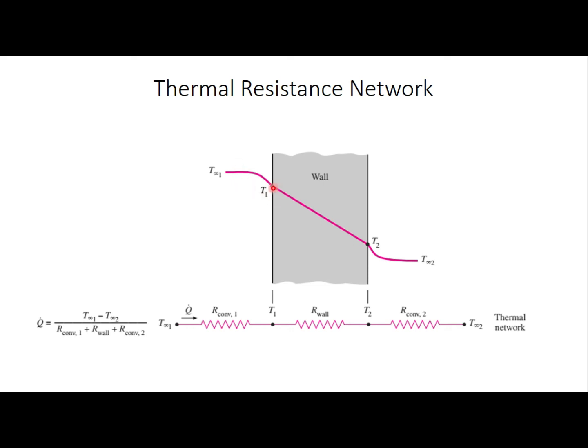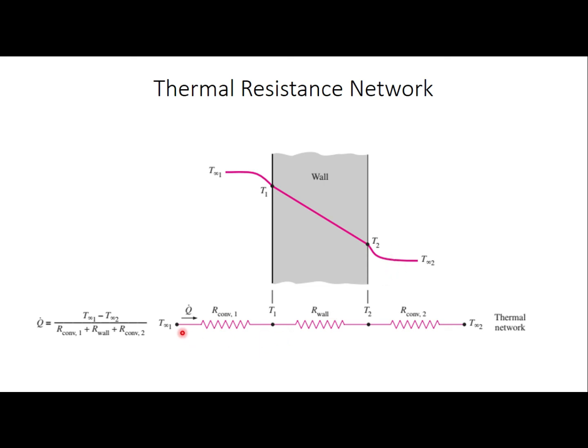The resistance offered during the heat transfer from T1 to T2 is the R wall, which is the conductive resistance. And again from temperature T2 to T infinity 2, the phenomenon is convection heat transfer, and the resistance is offered by R convective.